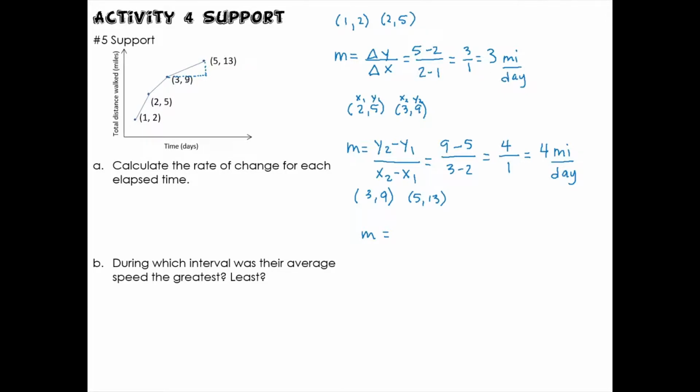How far did we go? Oh, that's 2. And then how far up do we go? So we started at 9 for the y, and we're going all the way up to 13. So that's a difference of 4, right?